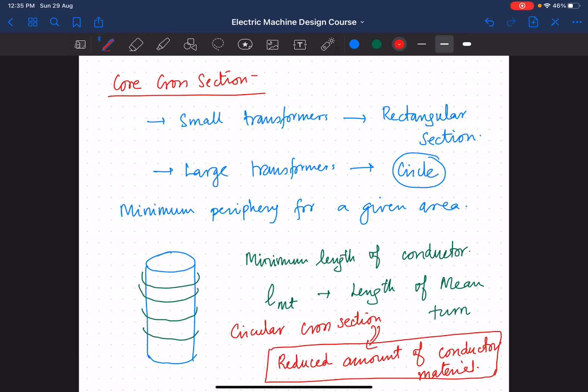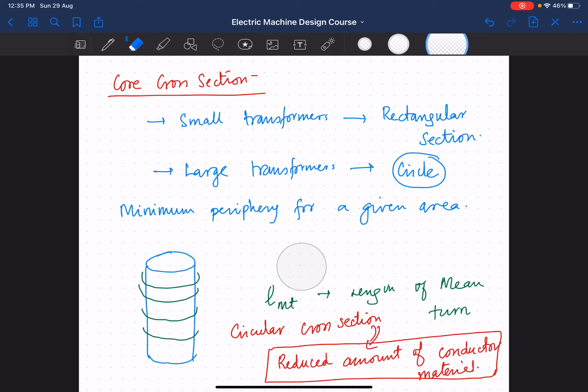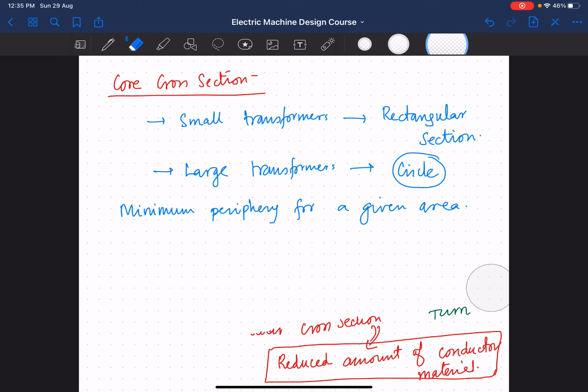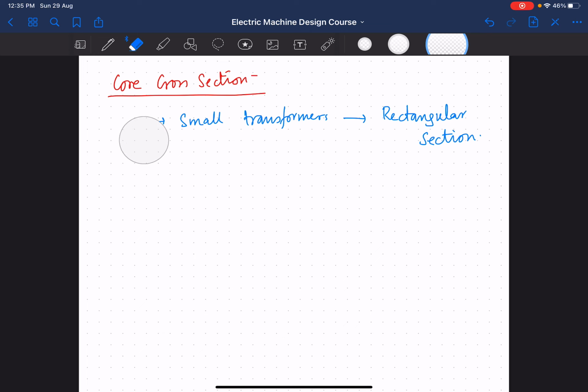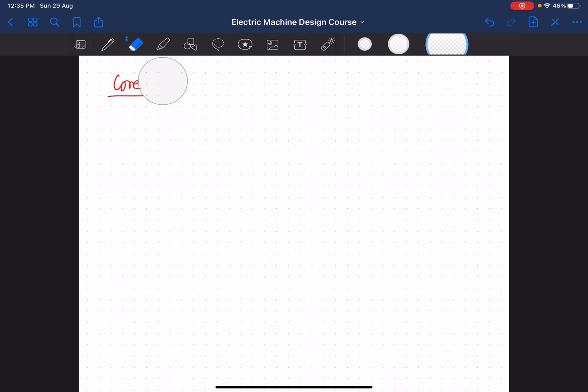Another advantage of using a circular core is that in case of short circuit conditions, like I mentioned in the previous lecture, radial forces act on the windings when they are subjected to short circuit conditions. So in this case, what happens?